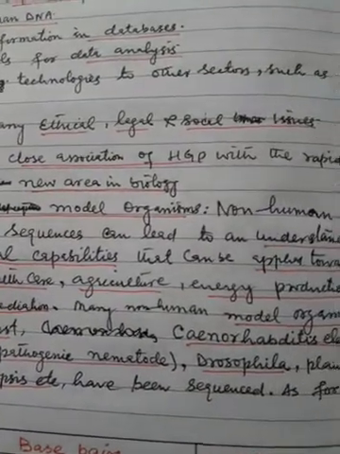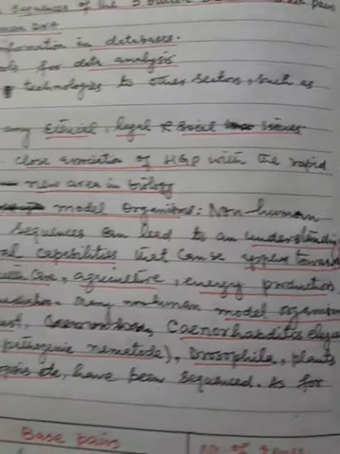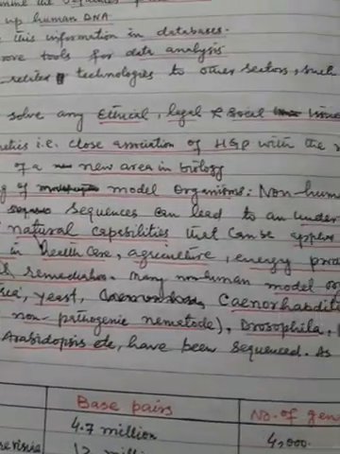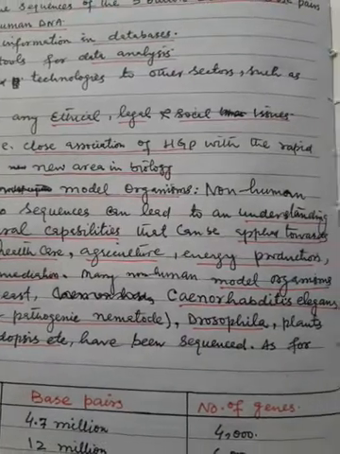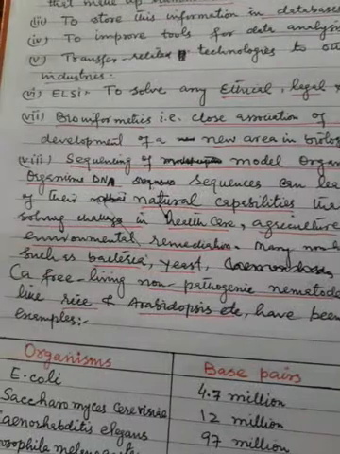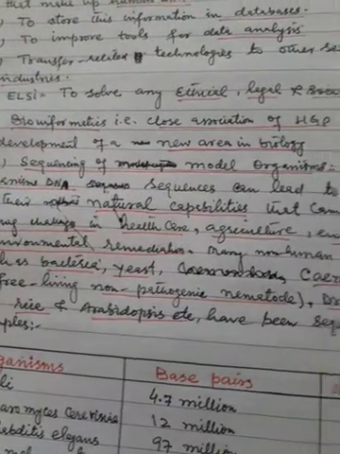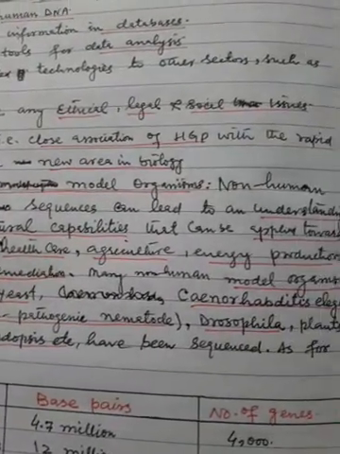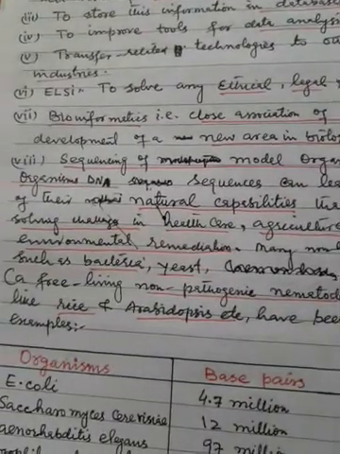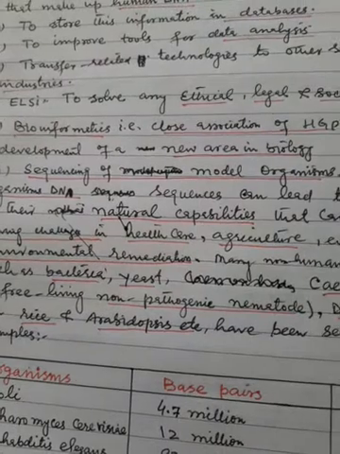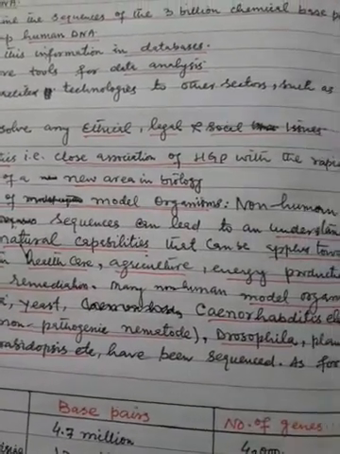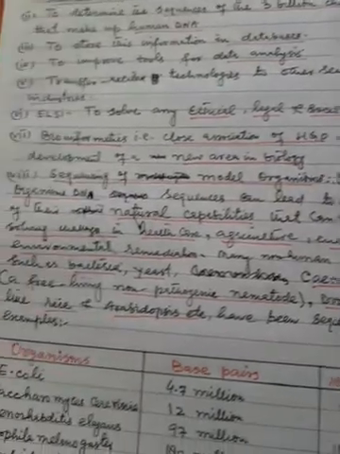Many non-human model organisms such as bacteria, yeast, Caenorhabditis elegans, which is a free-living non-pathogenic nematode, Drosophila, plants like rice and Arabidopsis, etc. have been sequenced.